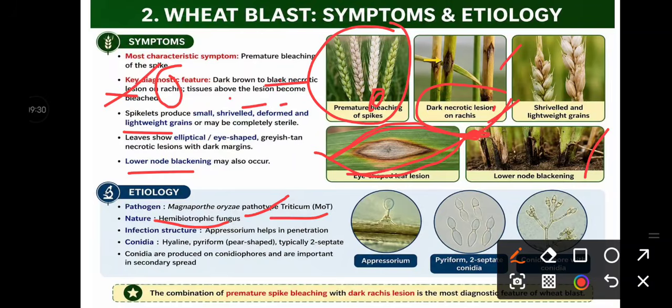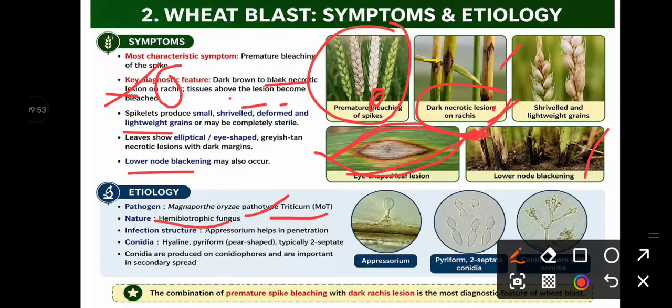And then when it spreads to the neighboring cell after 24 to 36 to 72 hours, that time it starts producing toxins and behaves as a necrotroph. It kills the neighboring cell. Okay, that's why it is called a hemibiotrophic fungus.